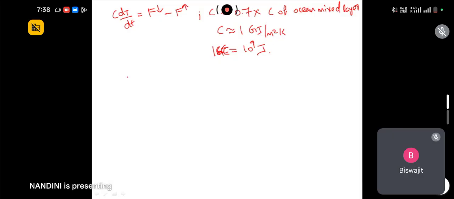So we know that F incoming is basically E S absorbed. I was just telling you the value of C. This C is a constant, only one C is there, with a value of 10 raised to 9 joule.